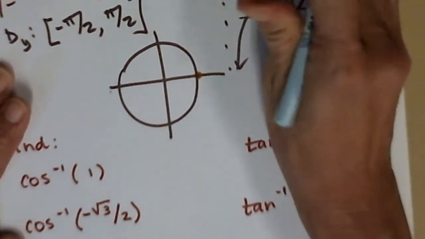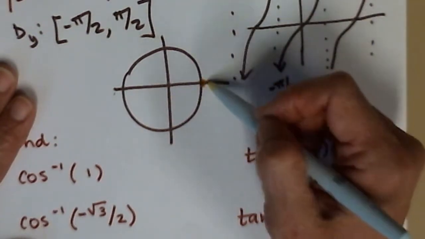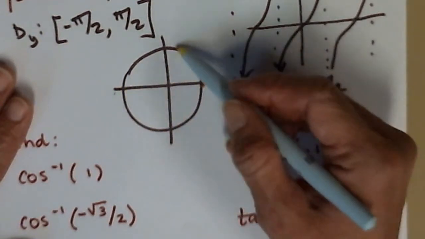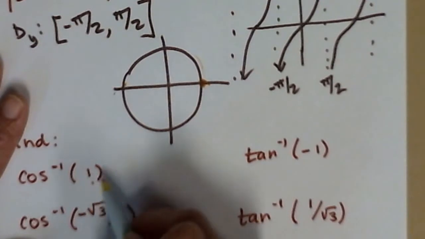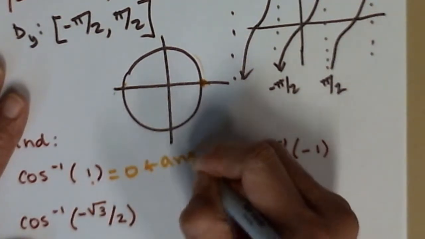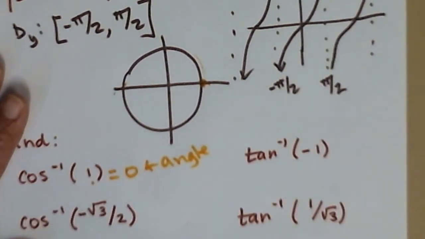I need to pick a number between 0 and pi, and 0 is the only value between 0 and pi on my unit circle, as I rotate around, that has an x value of 1. So 0, this is the angle that leads to a cosine of 1. Cosine of 0 is 1.